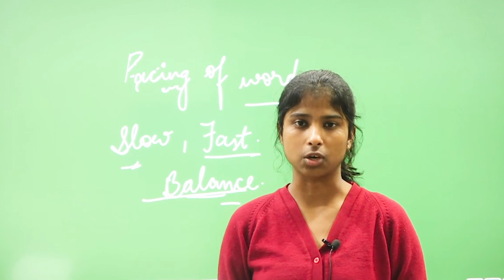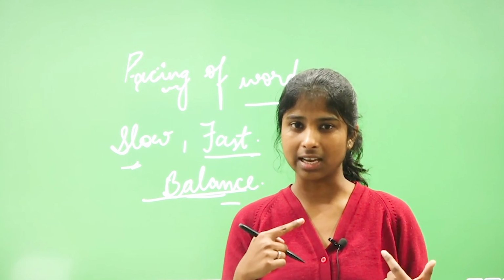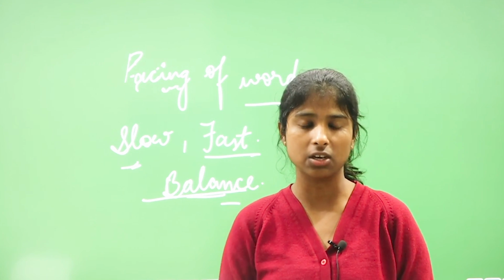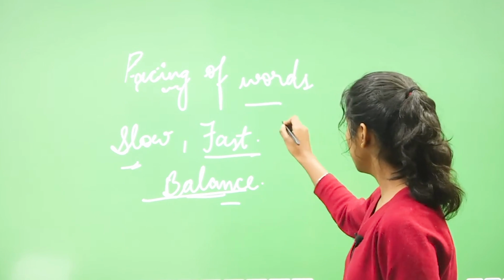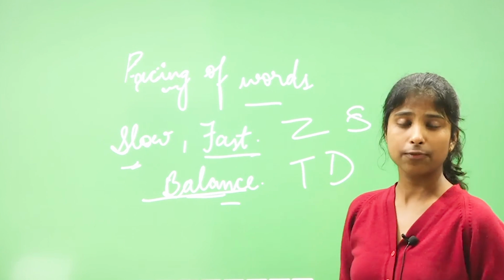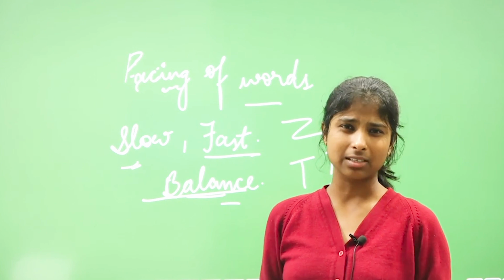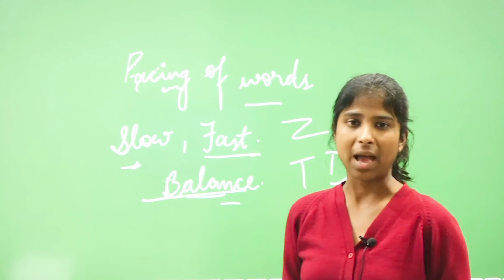For example, if I keep talking like this, then maybe I'm going to fumble somewhere, just like I did now. So if you speak a lot faster, you're going to fumble somewhere, definitely. Your pronunciation of Z, S, T, D, these four sounds, you're going to mess them up if you talk way faster. So make sure you keep a balanced speed.